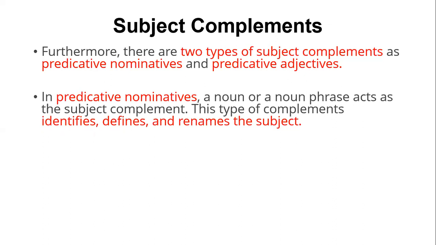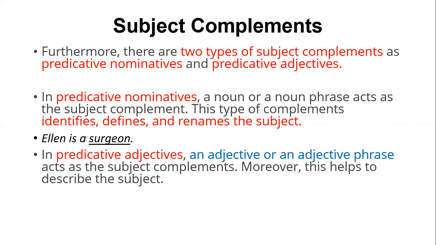It's very important. In a predicative nominative, a noun or noun phrase acts as the subject complement. For instance, we have already discussed Alan is a surgeon. Who is a surgeon? Alan. And surgeon is basically a noun.